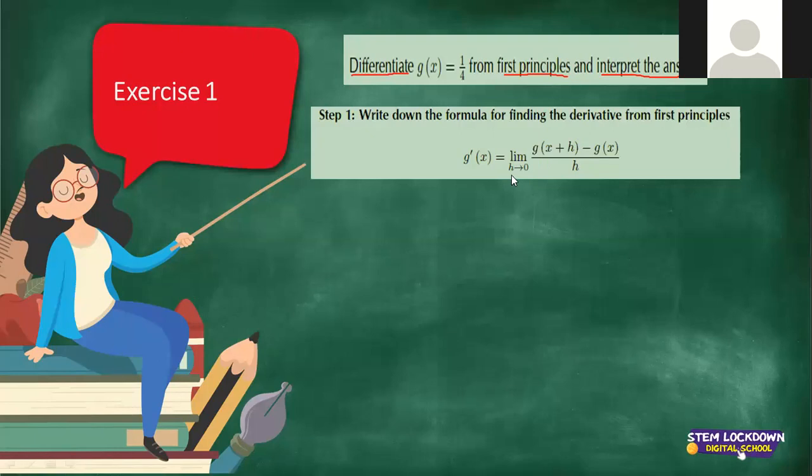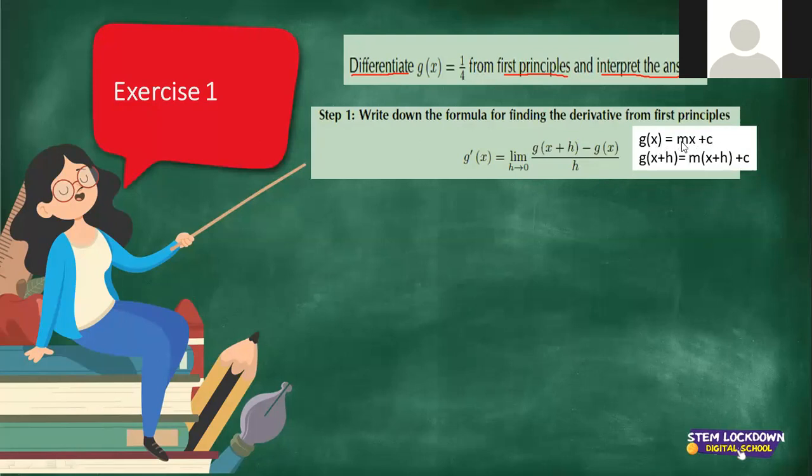notation. So our notation is the limit as h approaches 0 of g of x plus h, minus g of x. But what you need to notice about this function is that this is the standard form of a straight line.